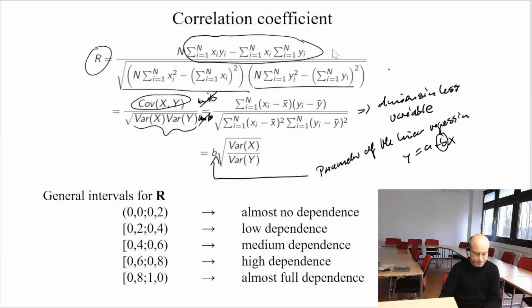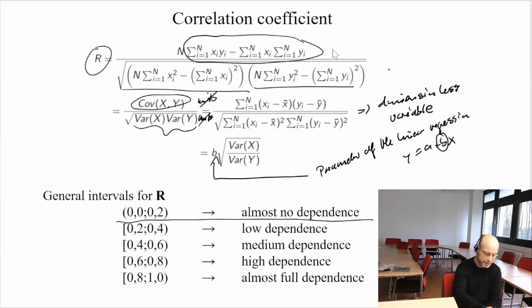Well, and then we can interpret this number descriptively, and if this number is almost zero, then we have more or less no dependence between our two variables.